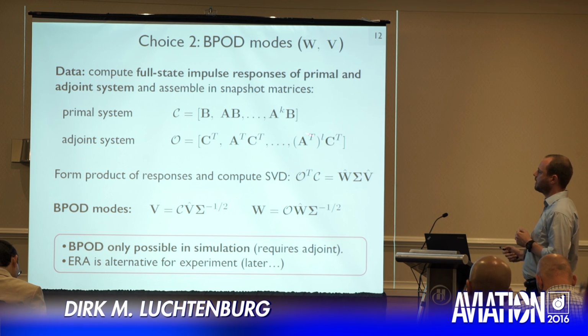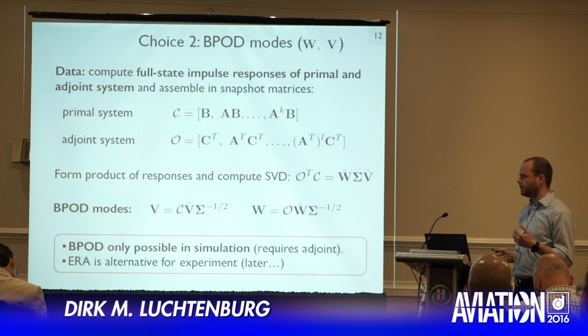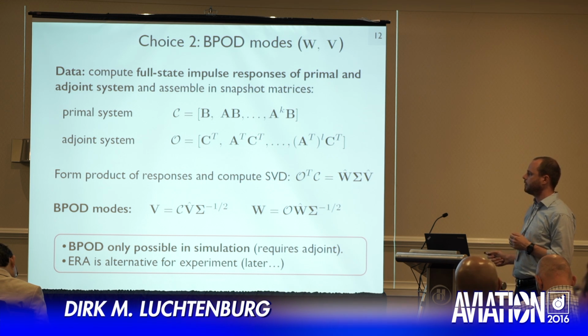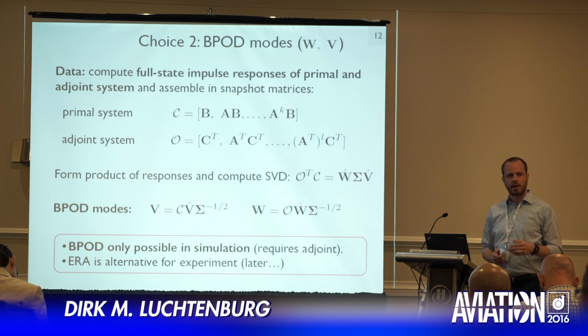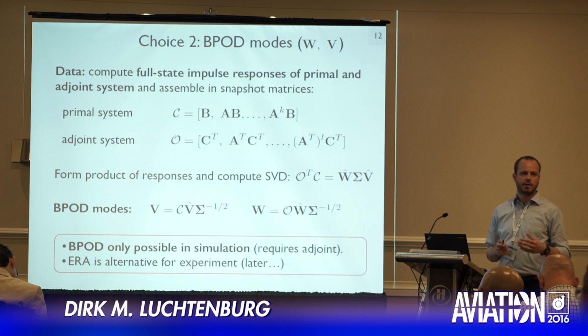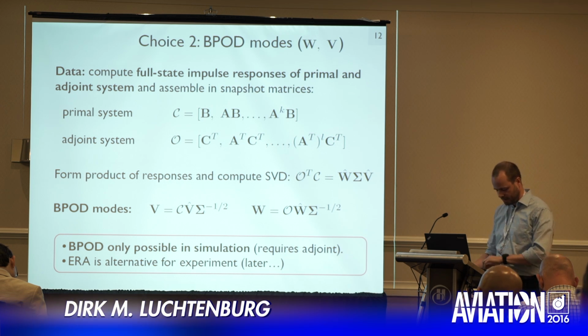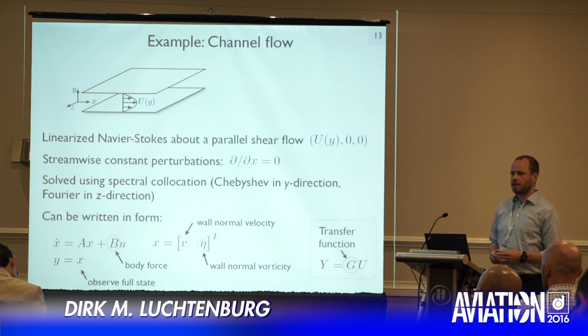So you basically work now with A transposed or A Hermitian, as Tim showed. If you compute these two impulse responses and you multiply them together, you do an SVD again, you can compute POD modes, BPOD modes, which are balanced. So there's one thing here: since we do need access to the adjoint system, you can only really do this in a simulation environment. Okay, so that's a little bit of the background.